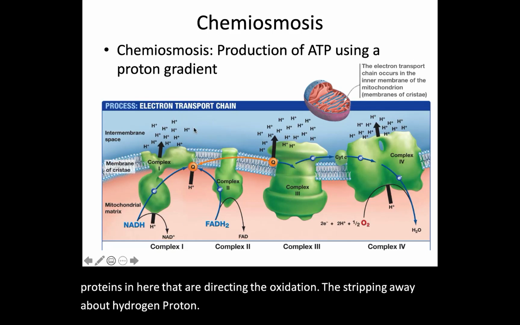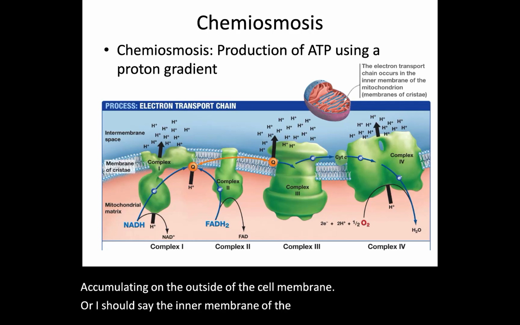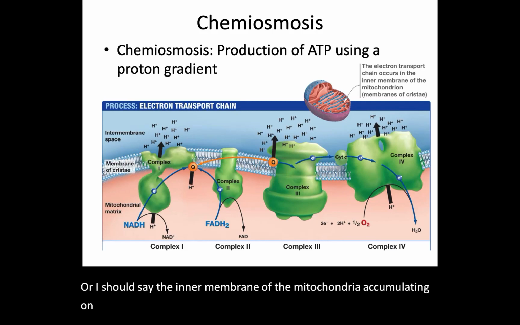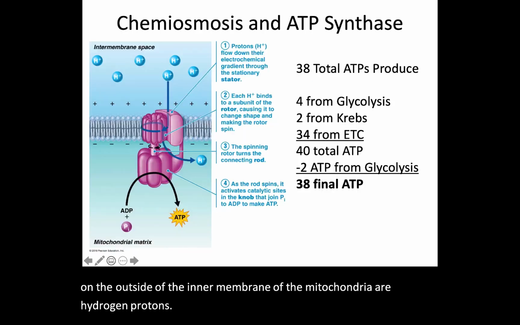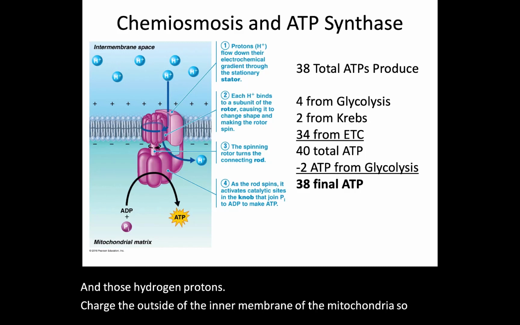And look, accumulating on the outside of the inner membrane of the mitochondria are hydrogen protons. And those hydrogen protons charge the outside of the inner membrane of the mitochondria so that it is really positive.